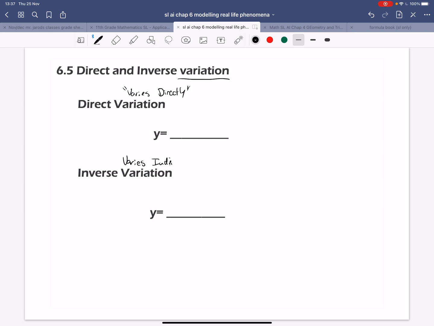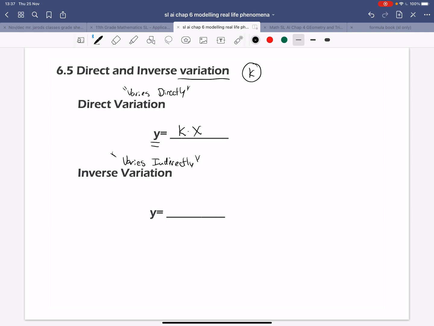And so the only thing that you really have to remember is there's some constant in here, k. Some constant, we can call it k, we can call it z, we can call it anything you want. But when it's direct variation, you're saying y varies directly as x, so it means some number times x, okay?